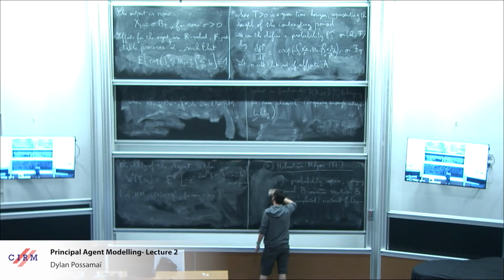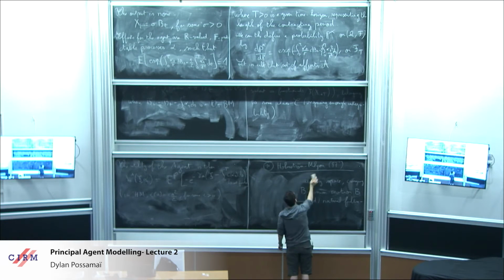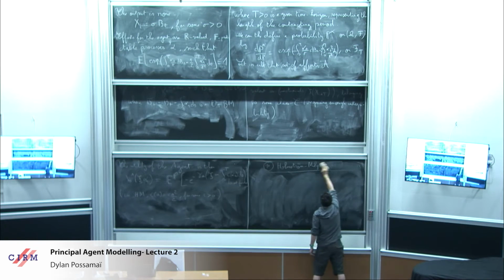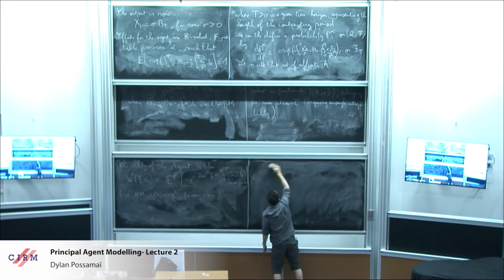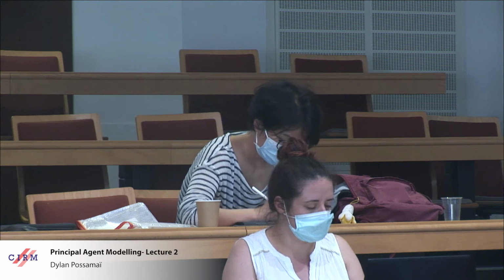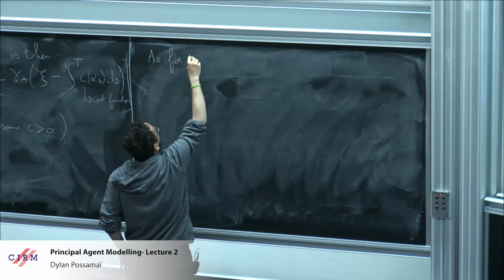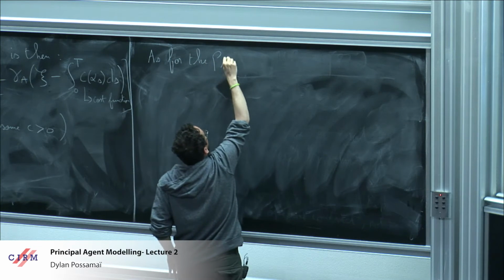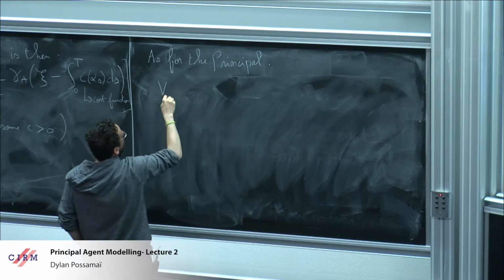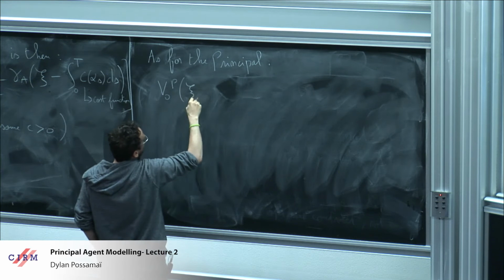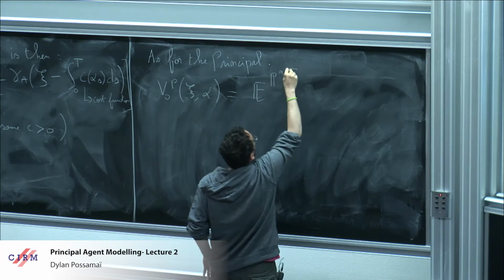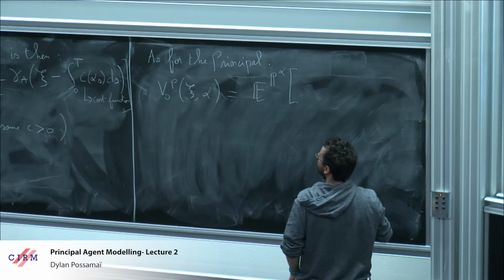Now the principal is also going to be an exponential utility maximizer. And again here, you will have to solve this problem.